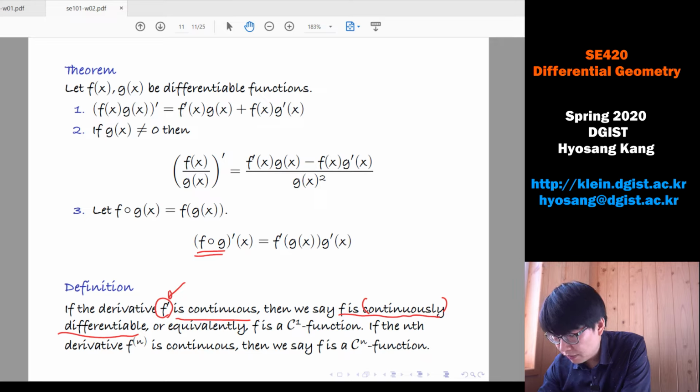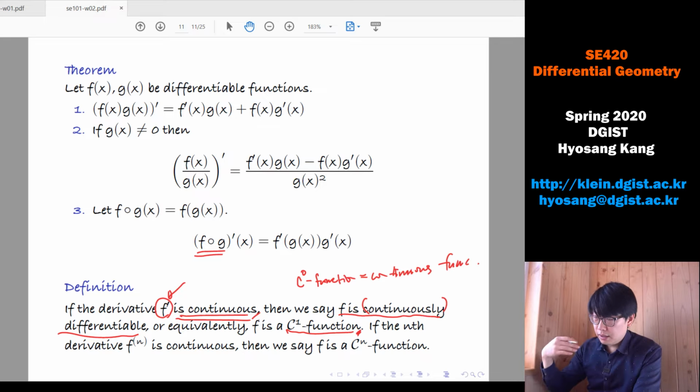But if f is continuously differentiable, then this f prime is continuous, and you can also say that this is a C1 function. A C0 function is simply a continuous function. C1 means its derivative is continuous.